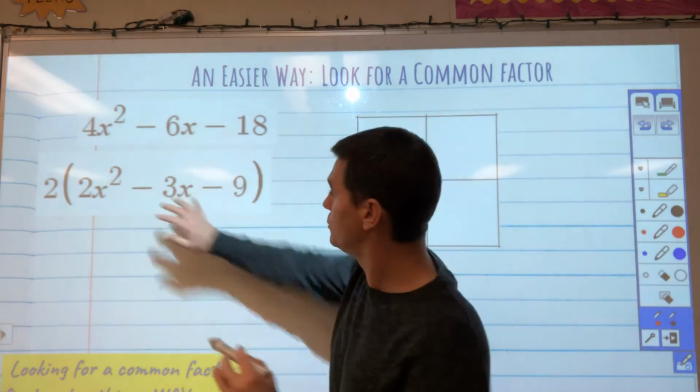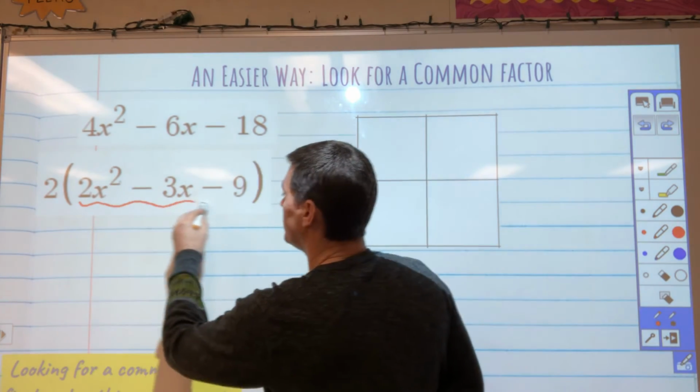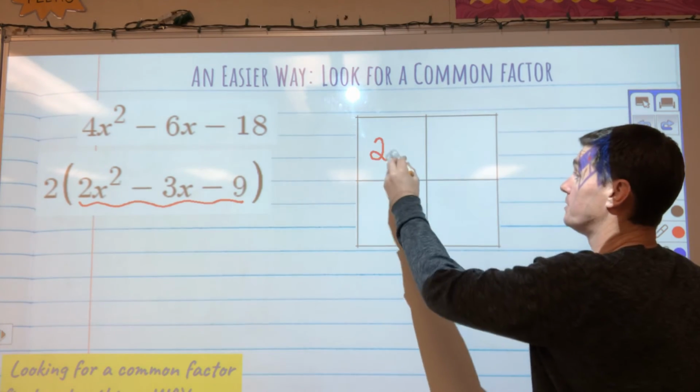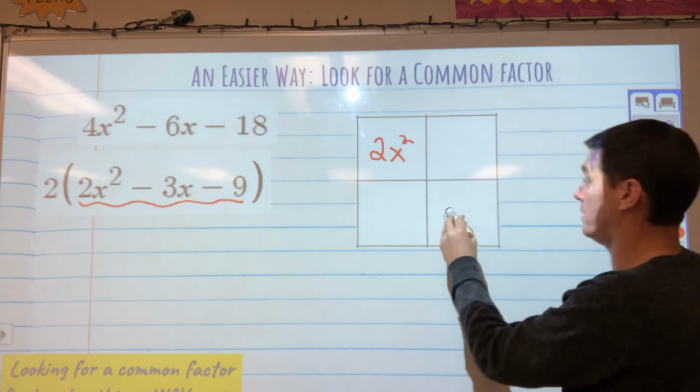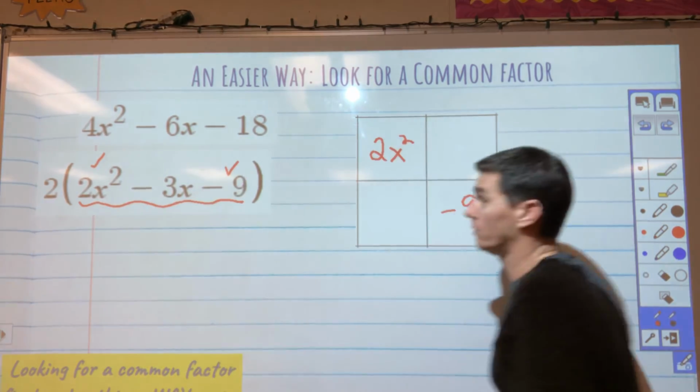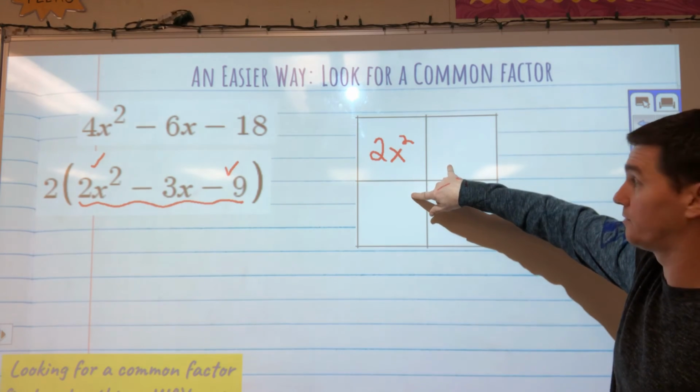So I'm going to use my area model, but I'm only going to factor what's in here. Notice how much simpler this makes things. I've got 2x squared and negative 9. Check and check. Okay, so I've got to figure out how to split up my negative 3x.